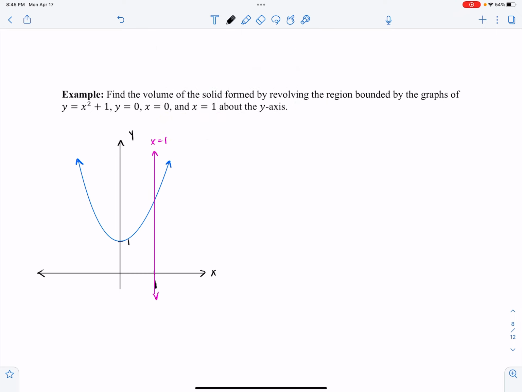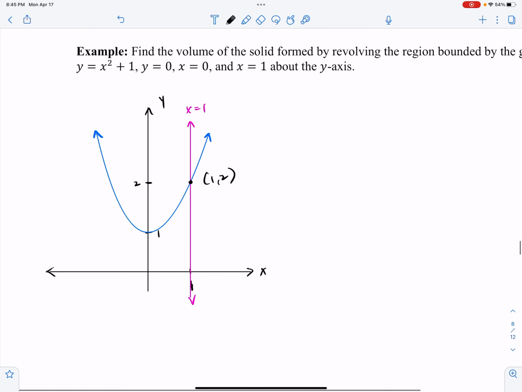We'll just make it look like it does, right? This point of intersection is the point (1, 2). Okay, and so this is our region.